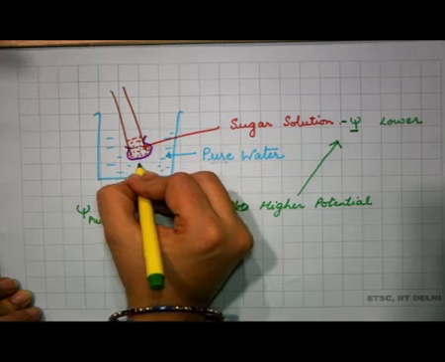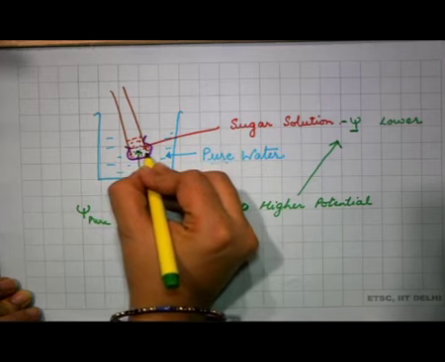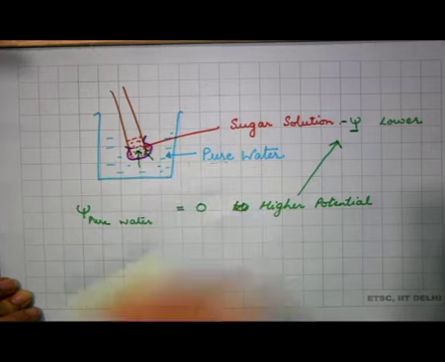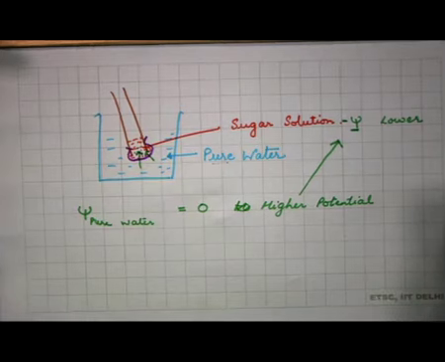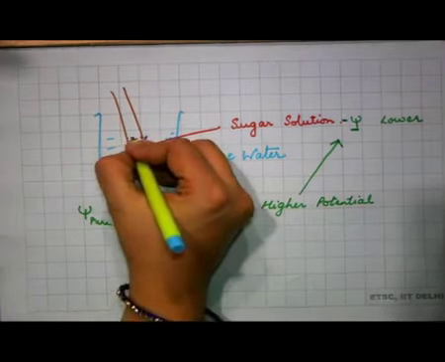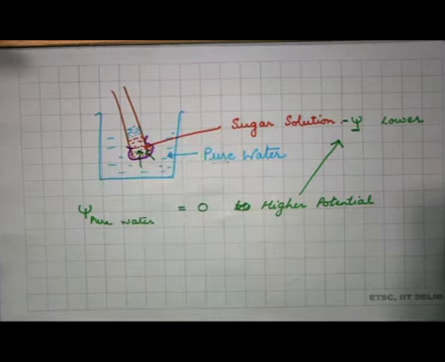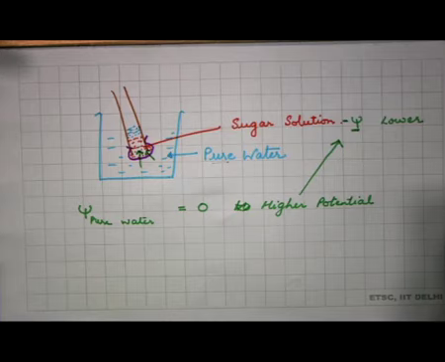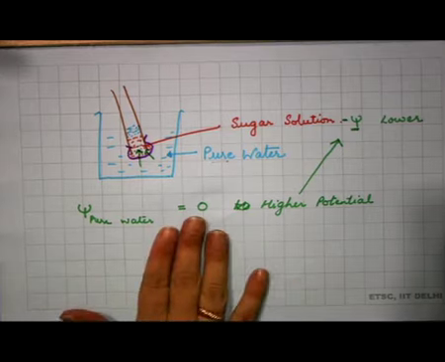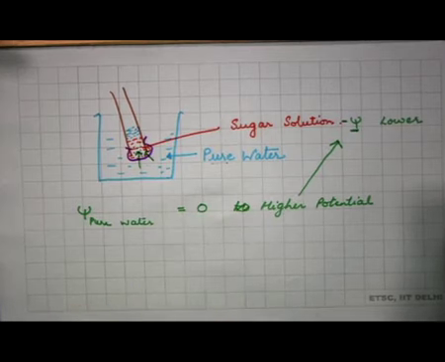That is why the water entered this test tube here, and we could see that the level of water rose in this test tube. This is our thistle funnel experiment that we can perform in our class also.